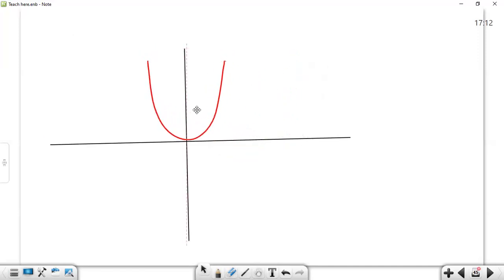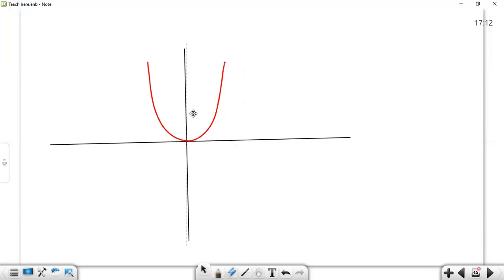Now this is going to cut the x-axis, or even touch the x-axis, only if a real solution exists, like only if the real roots exist. And as we know, real roots exist only for a positive discriminant or the discriminant being 0. So there are only two cases in which the parabola will be touching the x-axis.